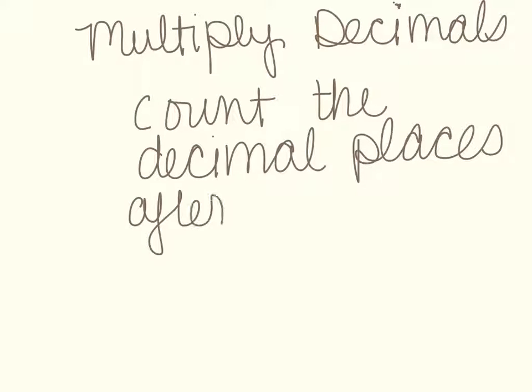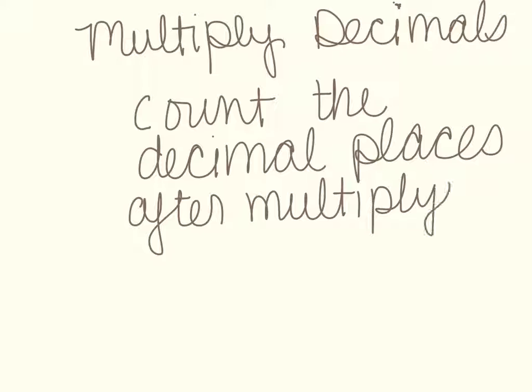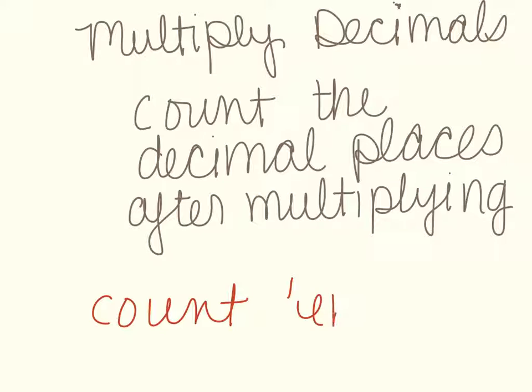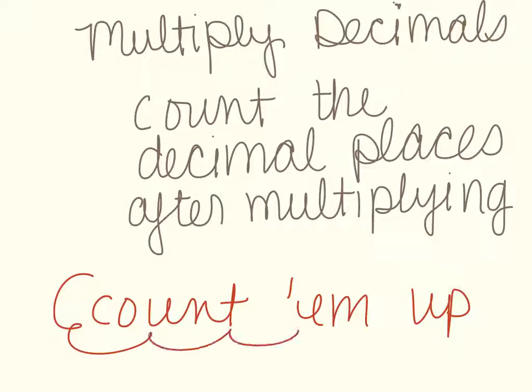So you're going to multiply as normal and then count your decimal places after multiplying. Or you can put down our fun little words, also go ahead and add them, count them up. When you add and subtract, you line them up. When you multiply, you count them up.